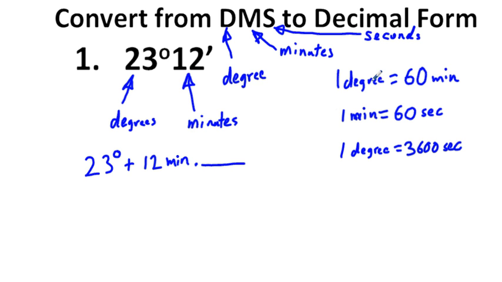Here we have 1 degree equals 60 minutes. So what do we have to place down in the denominator to cancel the minutes up here in the numerator? We have to put 60 minutes down here, and up top we have degree.